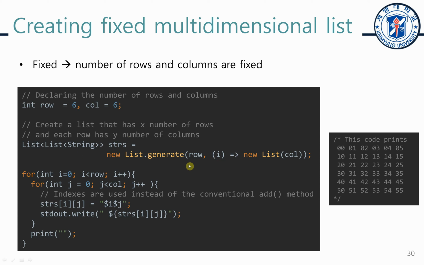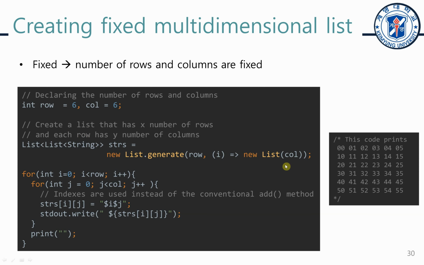So you can see that we created a new list, and then take a look at this very interesting, a little bit confusing thing. For this list, we say create new list. That's how we create a list. But for the list that is created inside the list, we also have a way of creating a new list.